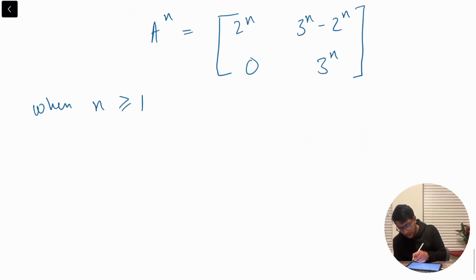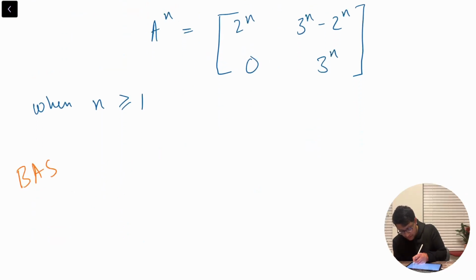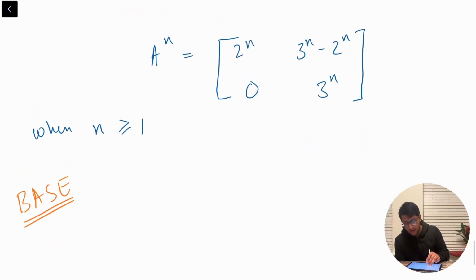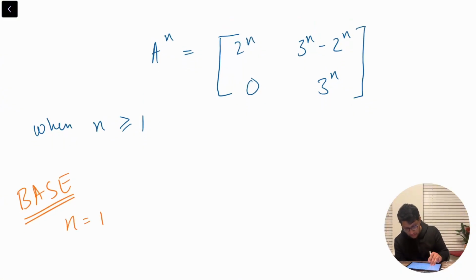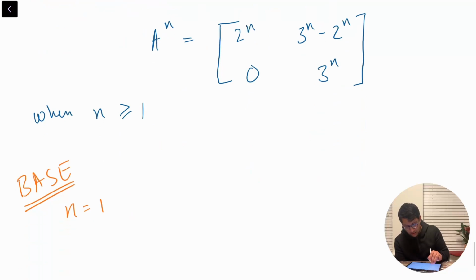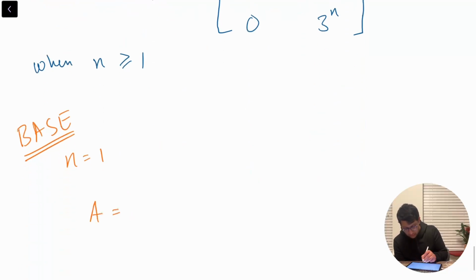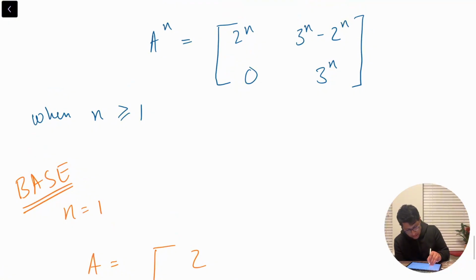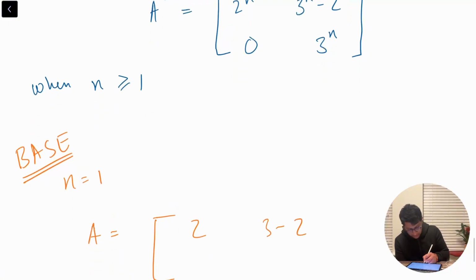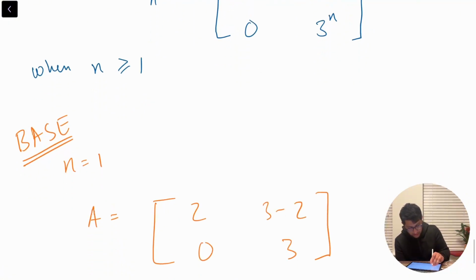So let's start off by doing a generic proof by induction, by checking the base case. So when n equals 1, right? When n equals 1, A equals 2, 3 minus 2, 0 and 3, right?